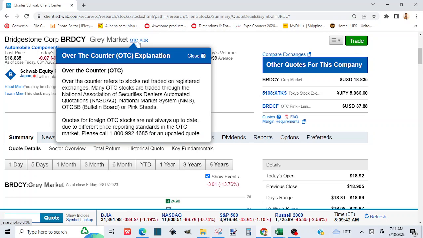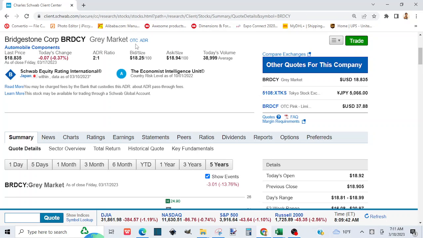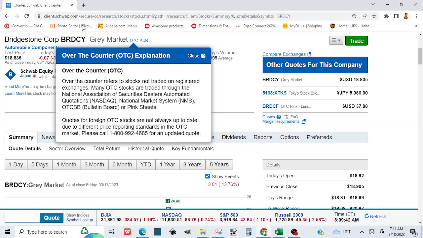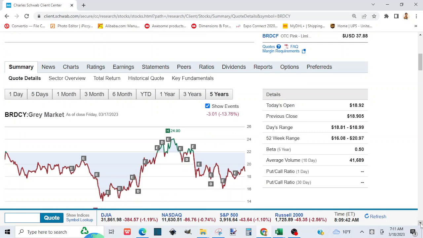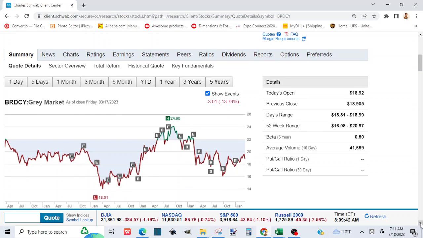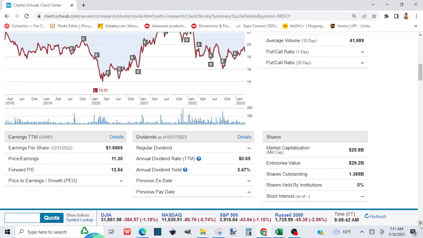One thing we saw is that it is OTC, therefore I will not choose it, and that alone is enough for me not to do anything with this stock. But let's continue. The second thing is that it is a Japanese company. I don't have anything against it. It's just that I'm choosing companies from the US, and I do have companies outside of the US as well.